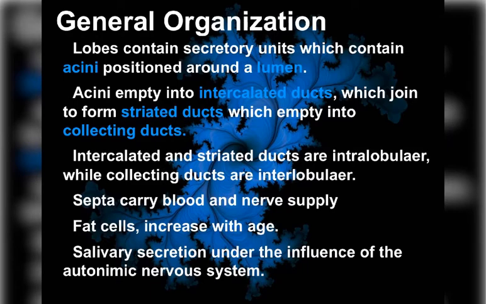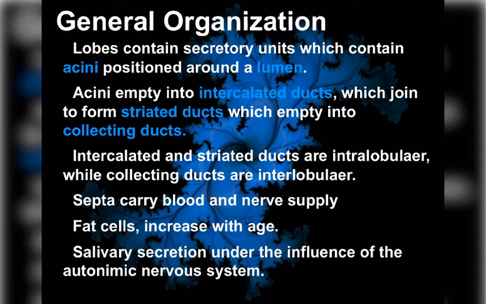Secretory end pieces empty into intercalated ducts, which join to form striated ducts, which empty into collecting ducts. This is the general description of the connection of the secretory end pieces to the duct system. The secretory cells of the secretory end pieces empty into the lumen of the secretory end piece, and the lumen leads to intercalated ducts.